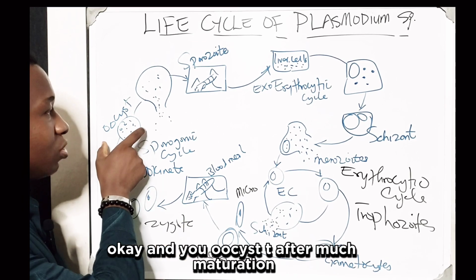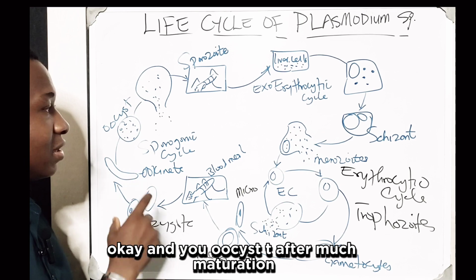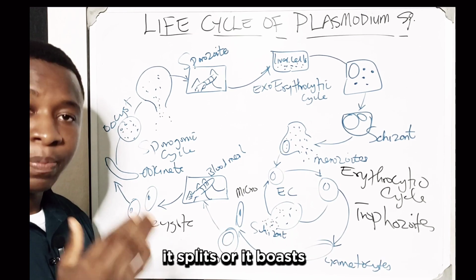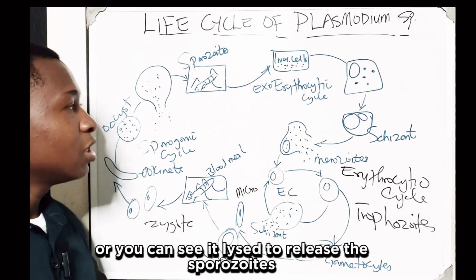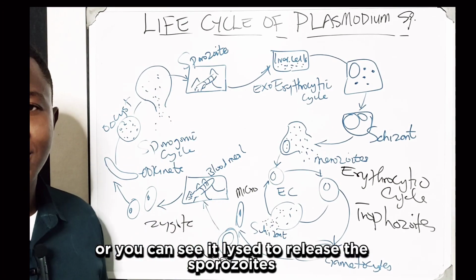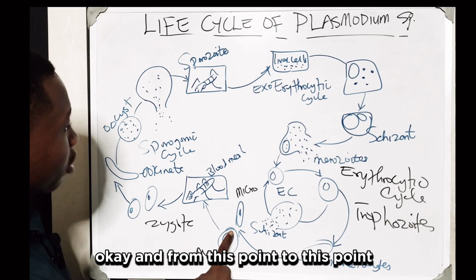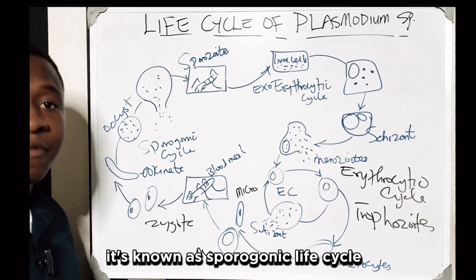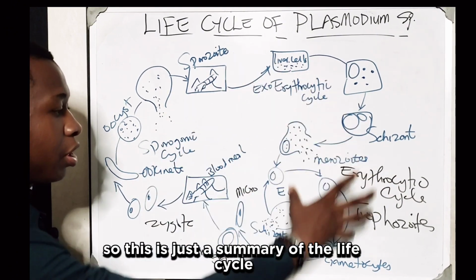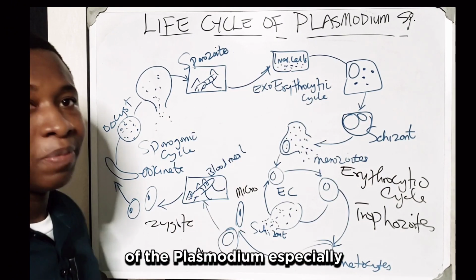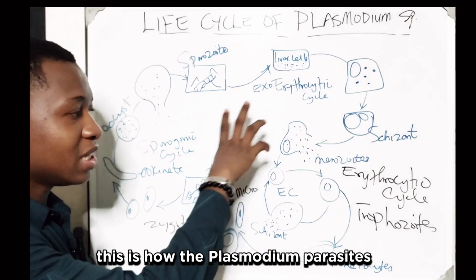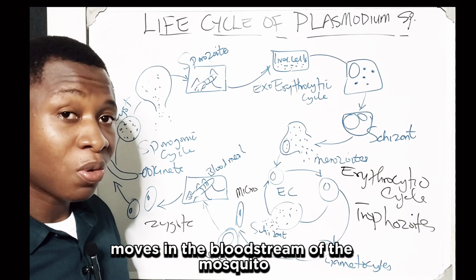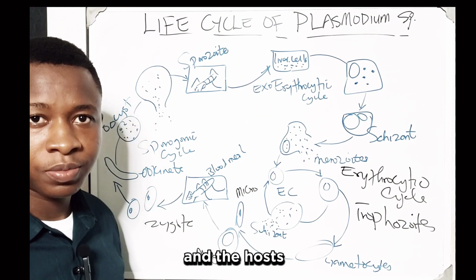After much maturation, the oocyst splits or bursts to release the sporozoites. From this point to this point, it's known as the sporogonic life cycle. So this is just a summary of the life cycle of the Plasmodium species, how the Plasmodium parasite moves in the bloodstream of the mosquito and the host.